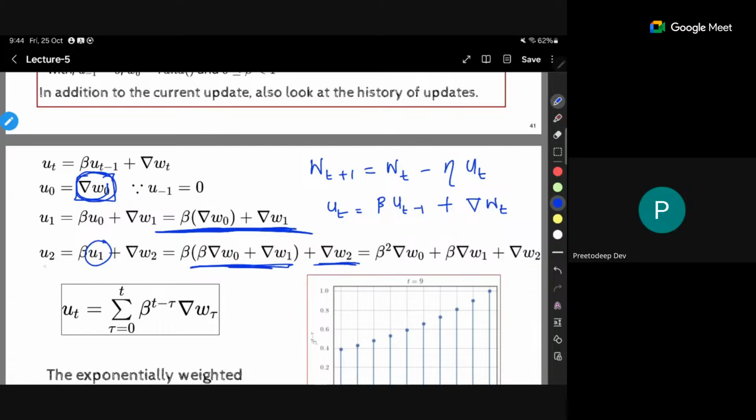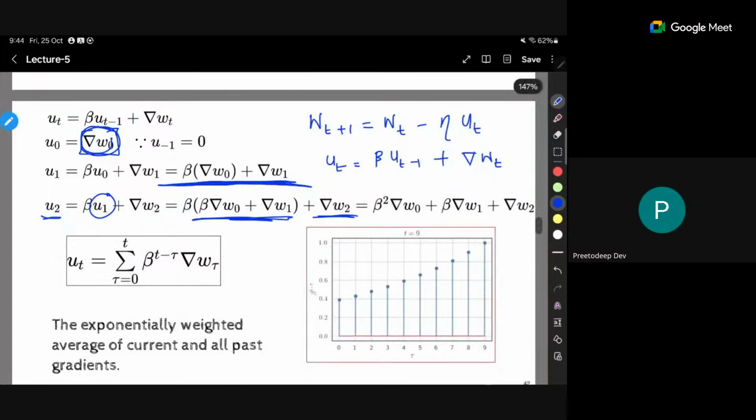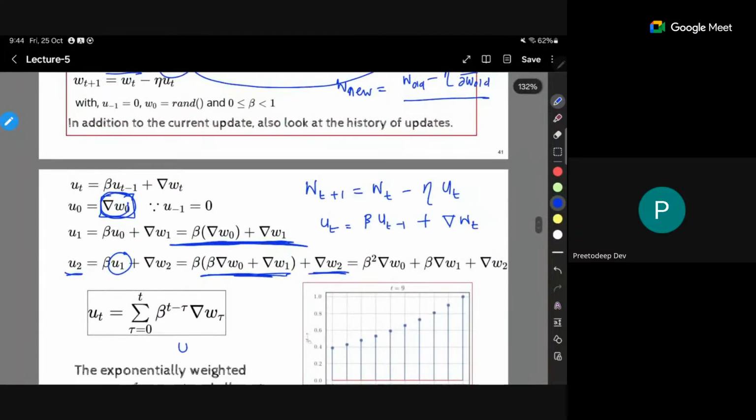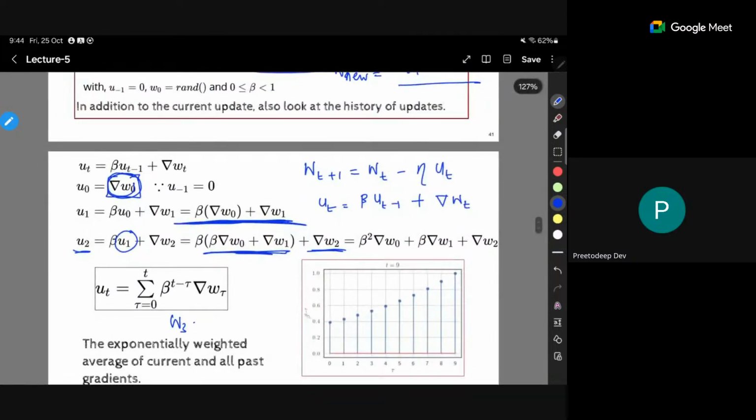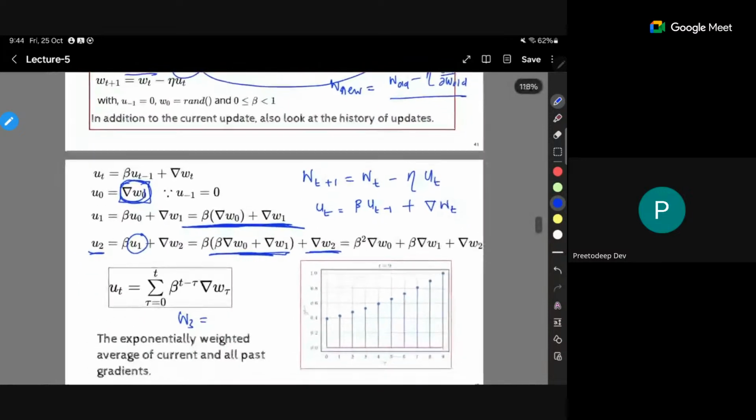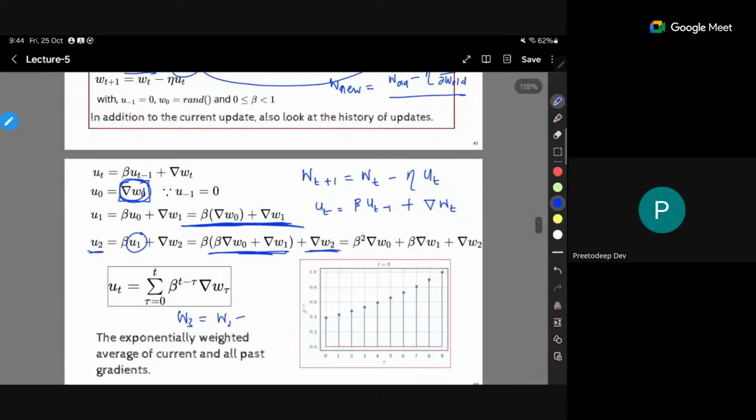So it doesn't end at U2, right? Let's say if I have U2, I'll have my weight 3, W3, as whatever my W2 were minus learning rate times U2. Correct?